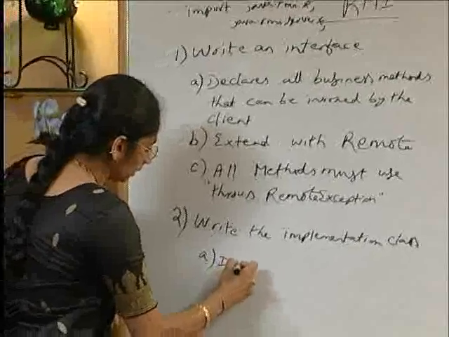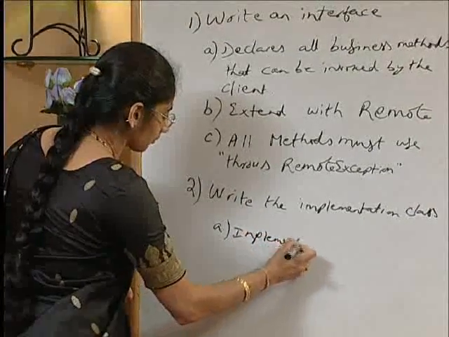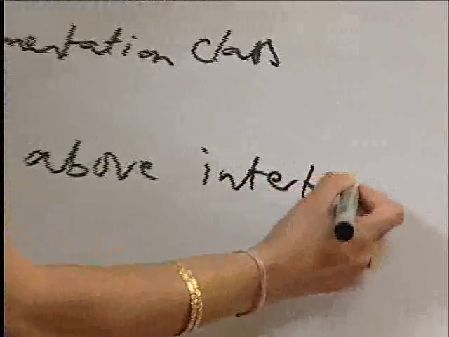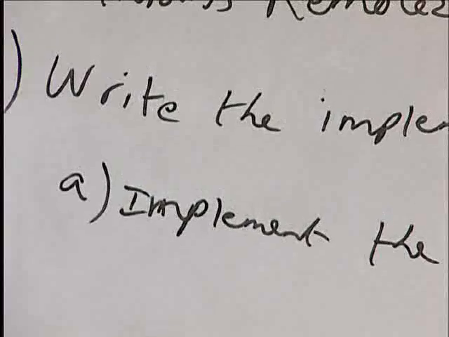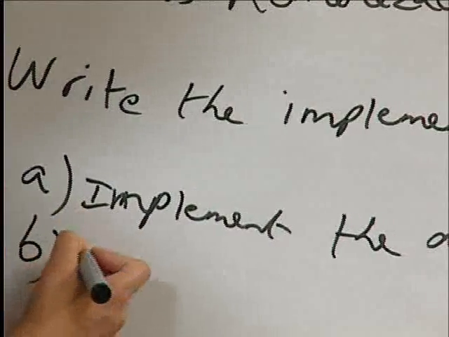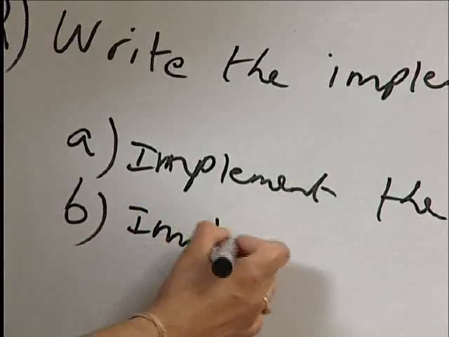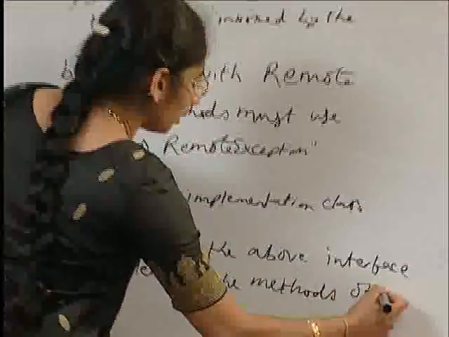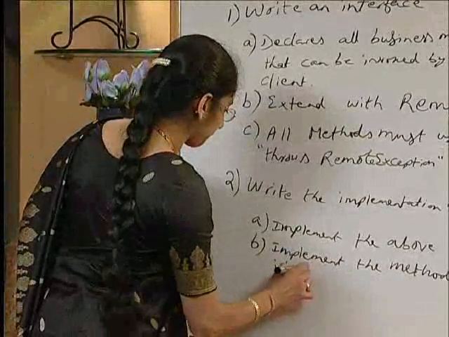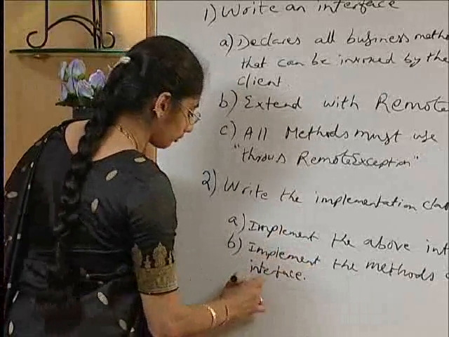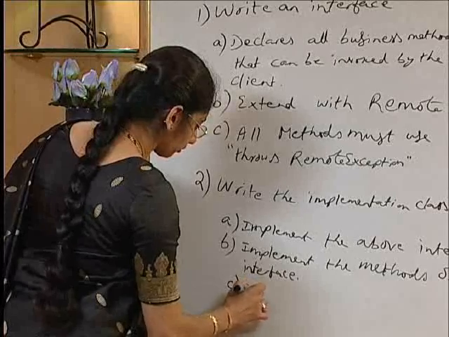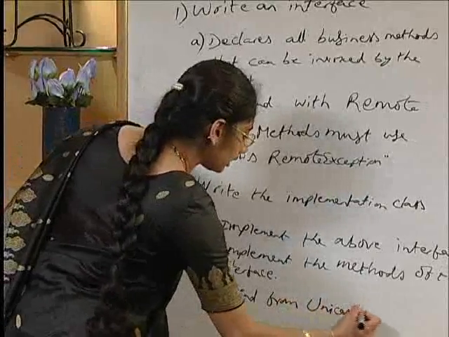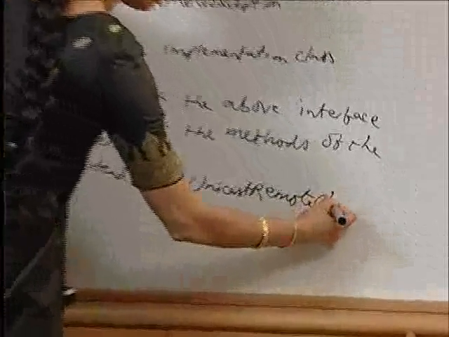So implement the above interface, implement the methods of the interface, and extend from UnicastRemoteObject class.